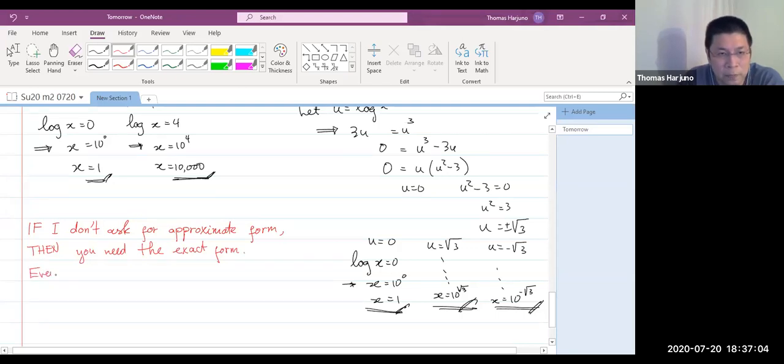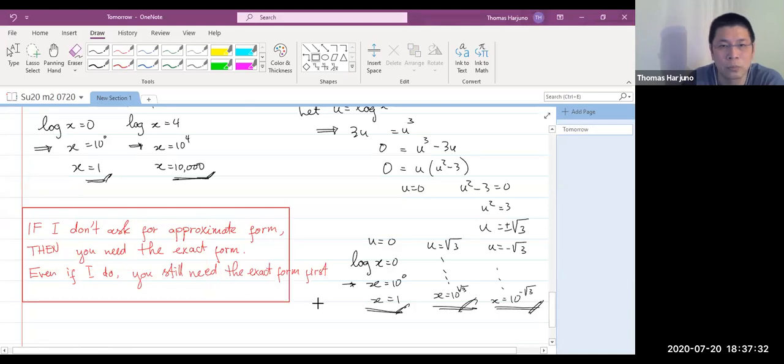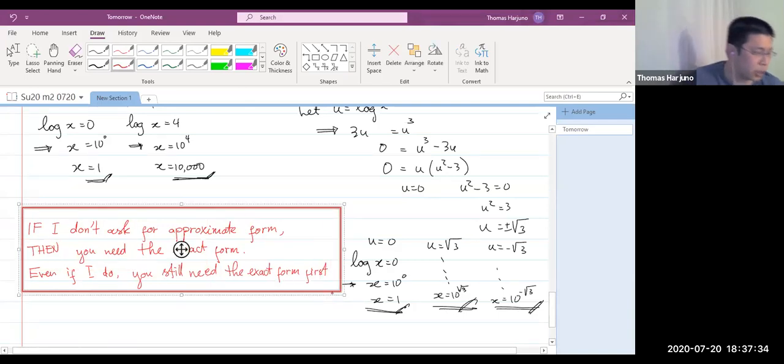Even if I do, you still need the exact form first. Okay, hold that as a big note. So in any way, you always give me the exact form first.